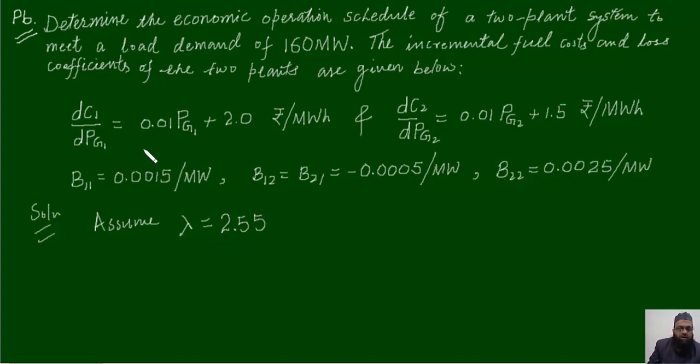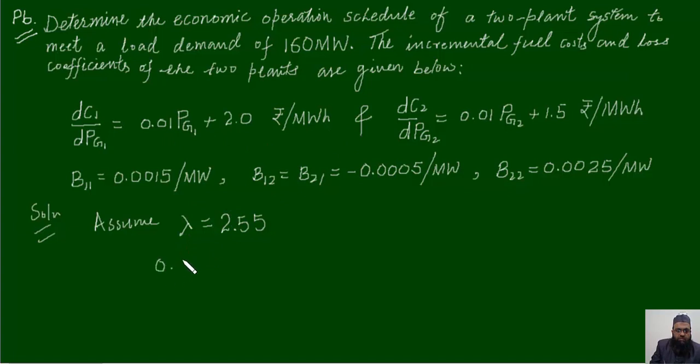Now equate these two. See the steps given in the previous lecture. So what is the next step? This must be as per the equal incremental cost criteria. These two will be equal to this lambda.